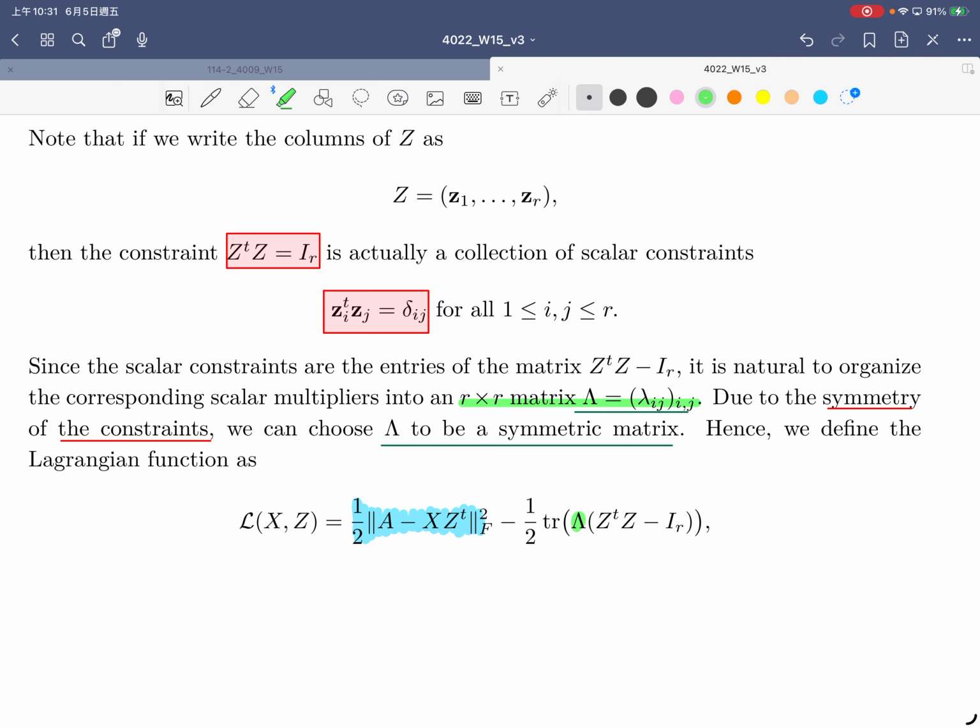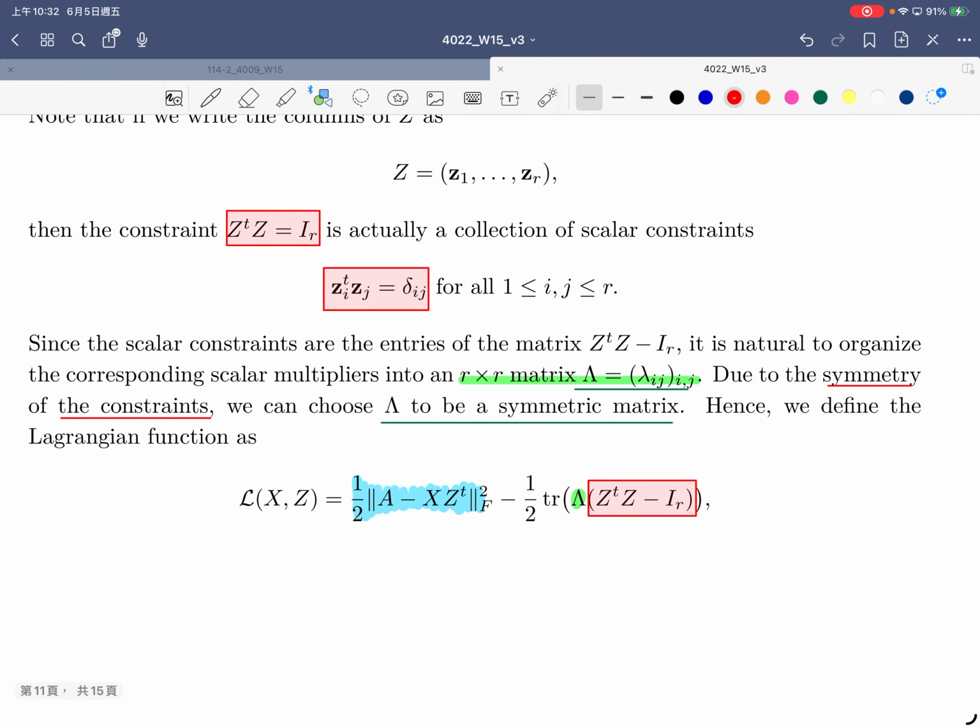the constraint, which is given by Z transpose times Z minus the identity I. I'm taking the trace here just to make it a scalar value. I'm putting a half there just for convenience later.